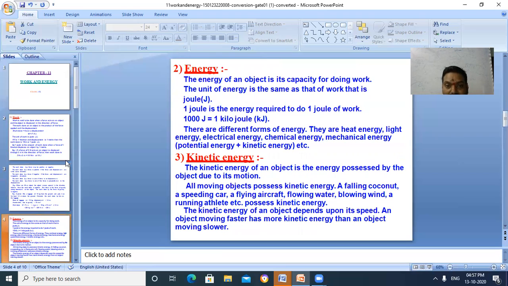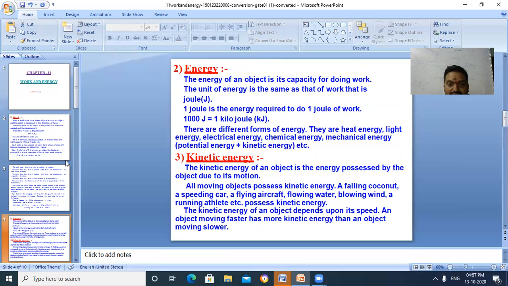Now, if I have to define energy, the energy of an object is its capacity to do work. We can consider a system as a whole, so the energy of a system is the capacity or ability to do work. The unit of energy is the same as that of work done, which is joule.